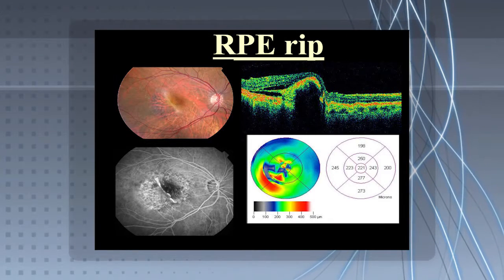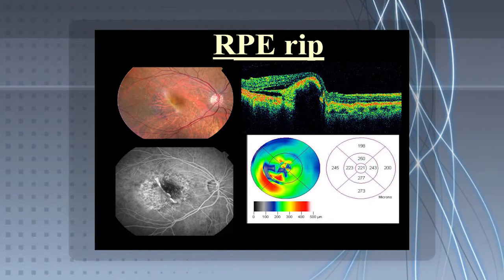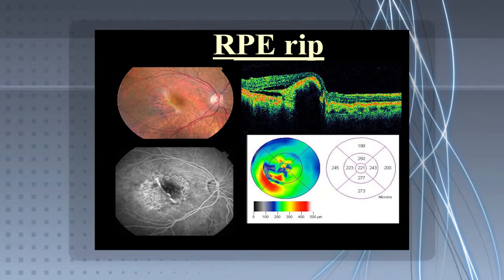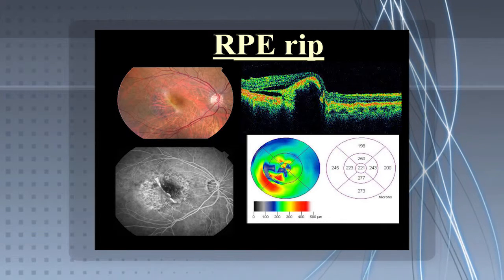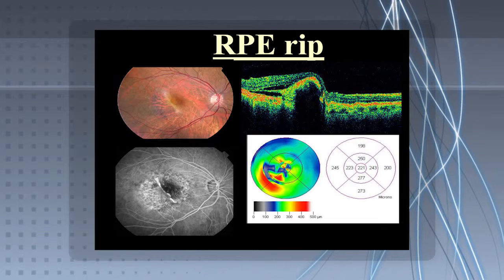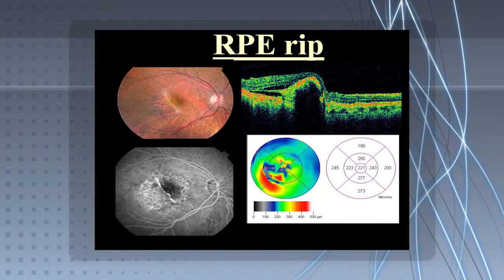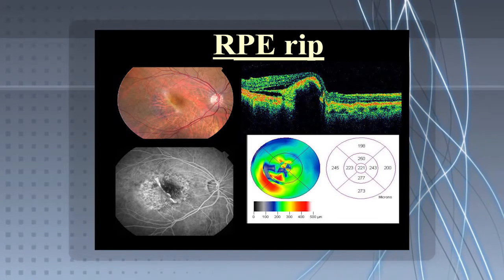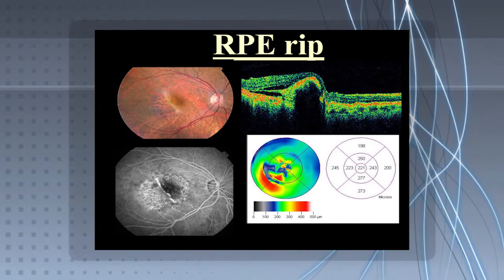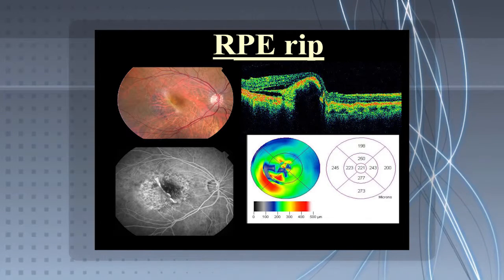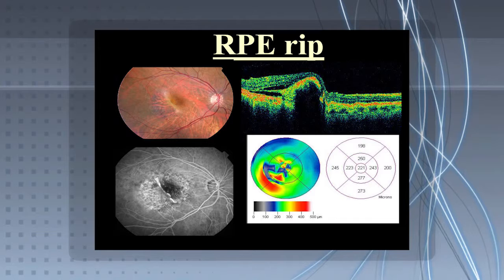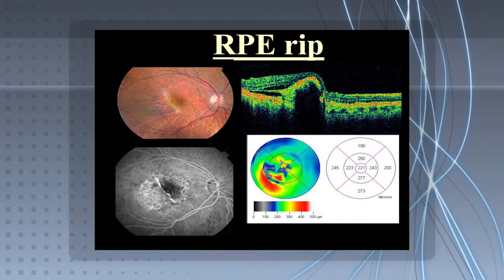We go to another category where the OCT is important in our clinic, the retinal pigment epithelial rip. As you see here with the fundus picture, there is a part of the retinal pigment epithelium that is denuded and enrolled, very clear with the fluorescein image, as we can see the area of hyperfluorescence.